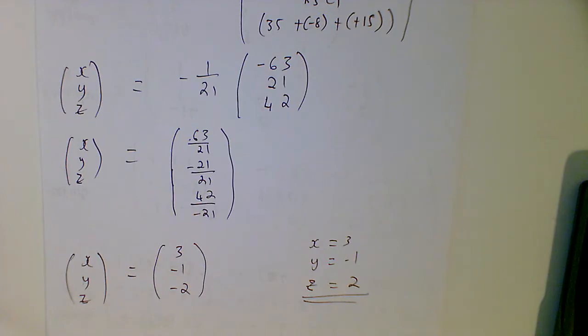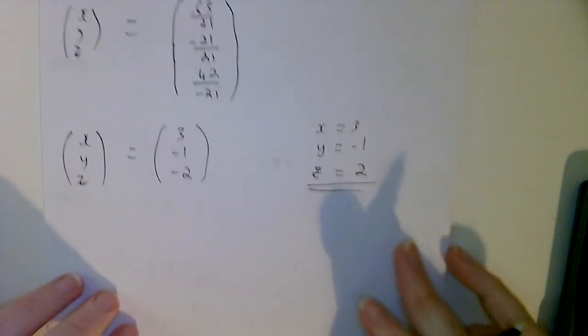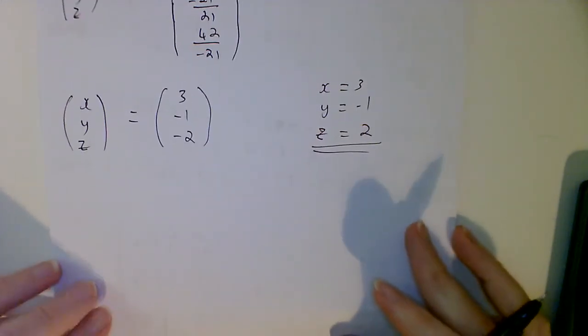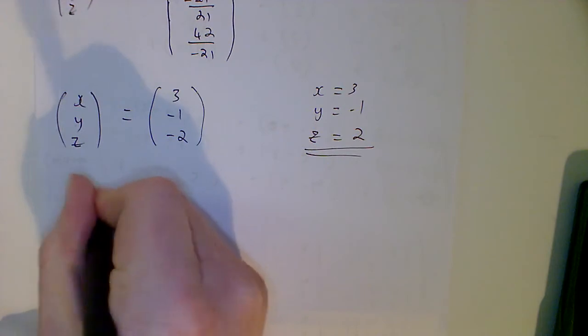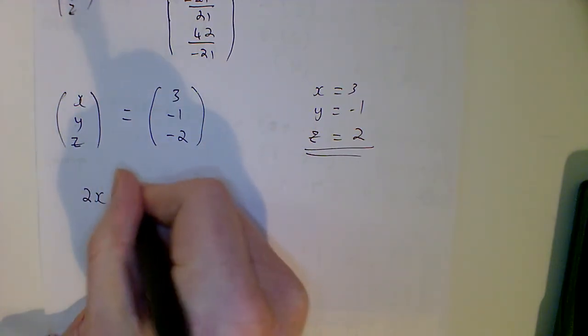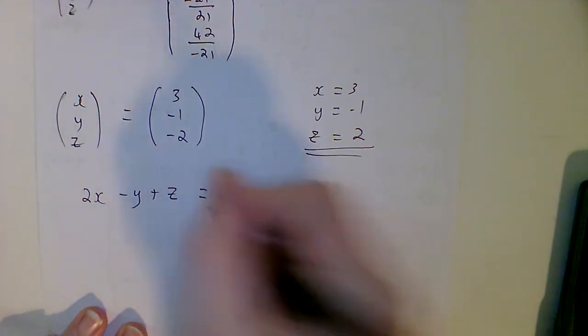Right. Now let's look at our original set of equations. See if that works. Just like we would do at Nat 5 when we're checking normal simultaneous equations with 2 variables rather than simultaneous equations with 3 variables.